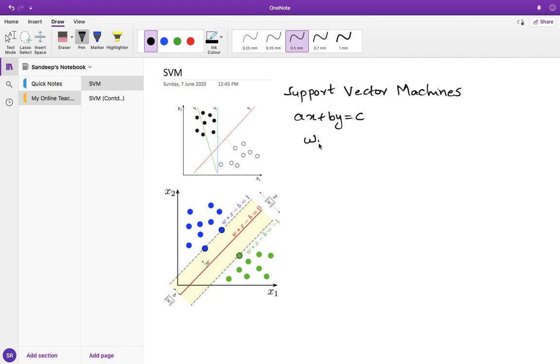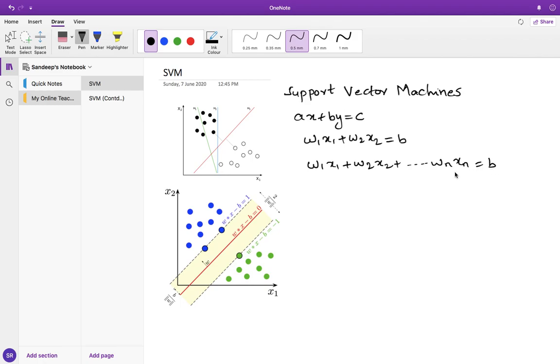For the two-dimensional case, w1 x1 plus w2 x2 is equal to b. Here x1 and x2 are two variables, and w1, w2, b are constants. This represents the equation of a line in the two-dimensional case. If we extend it to the three-dimensional or general n-dimensional case, we can write it in this form: w1 x1 plus w2 x2 and so on, plus wn xn is equal to b.